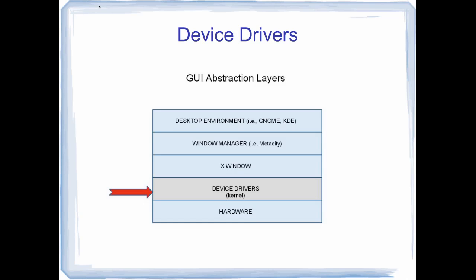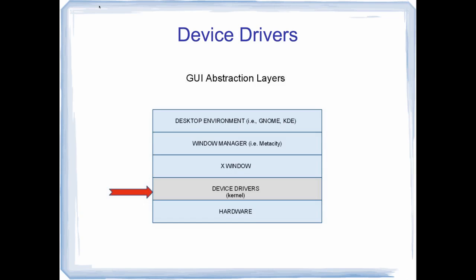This is an absolute must, and this is a sacred piece of the architecture in Linux. Device drivers are built into the kernel. So this is, mind you, a hardware-dependent layer. When you get new hardware, your kernel has to support that hardware.